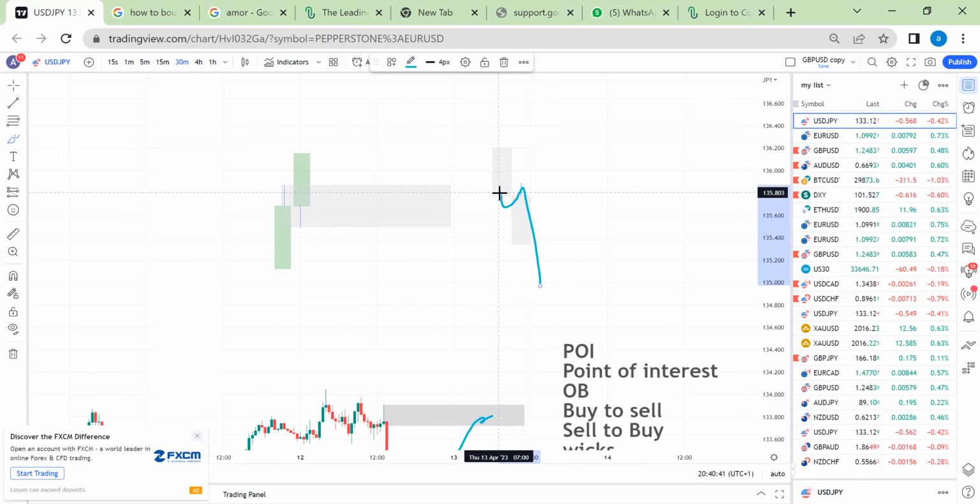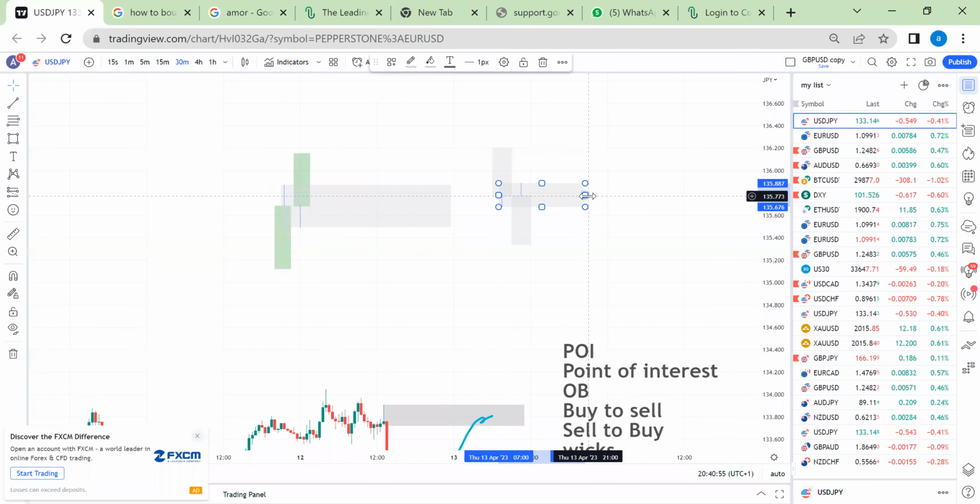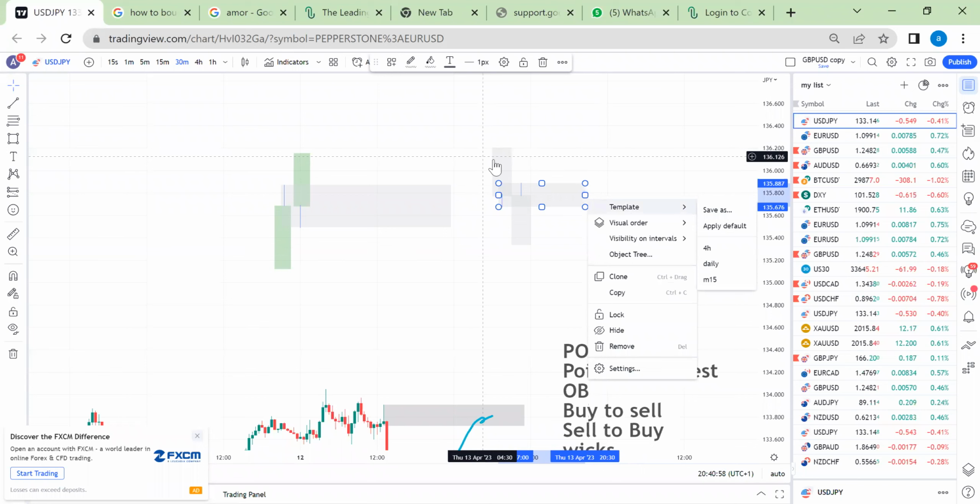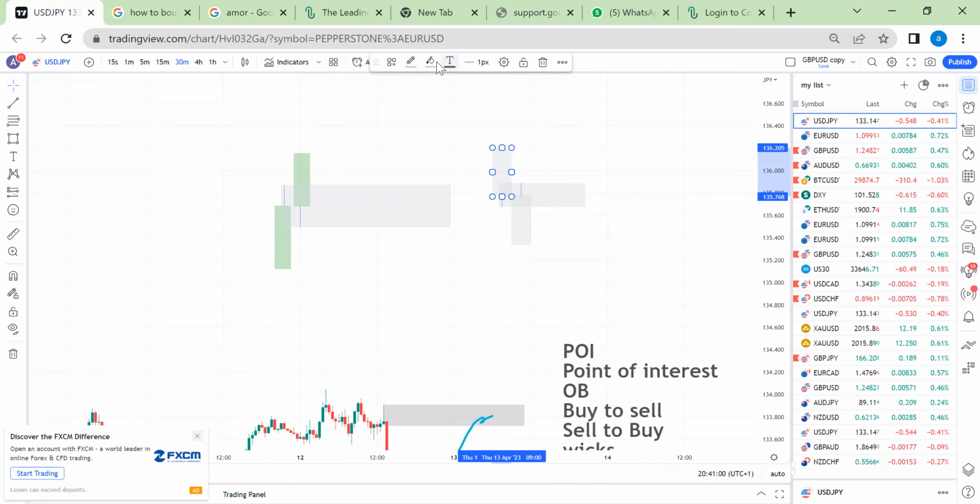So this is also a kind of POI, right? And that's a buy to sell week. Buy to sell week. So this can also be, let's see, this is a red candle now, just to show that it's a sell.